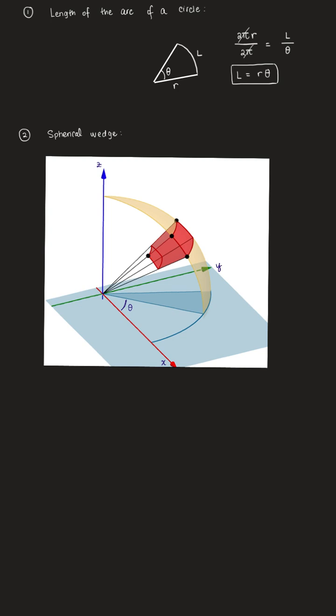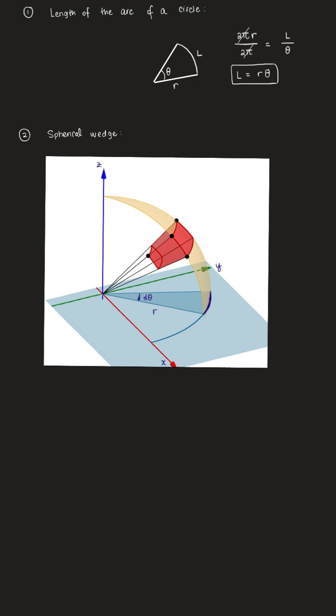So that little wedge on the xy plane, we're going to just call this a little d theta, a very small change in theta. And this arc right here, well, we know that the radius is r from the origin to here.